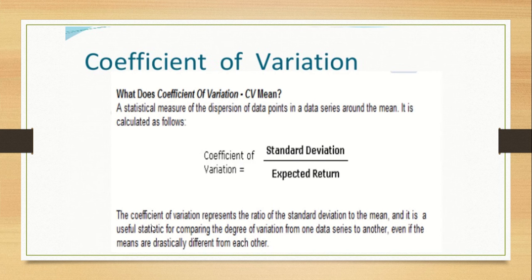So the coefficient of variation represents the ratio of the standard deviation to the mean, and it is a useful statistic for comparing the degree of variation from one data series to another, even if the means are drastically different from each other. So we compare in this manner using this formula for the coefficient of variation.